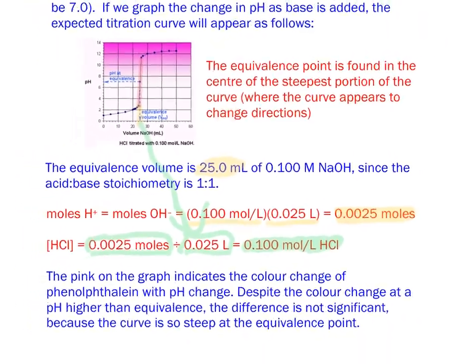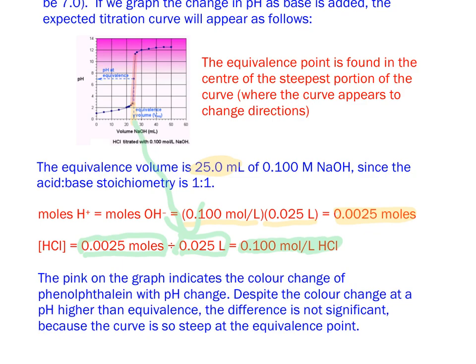The pink on the graph indicates the color change of phenolphthalein with the pH change. Despite the color change at a pH higher than equivalence, the difference is not significant because the curve is so steep at the equivalence point. So the pH changes drastically at the equivalence point.